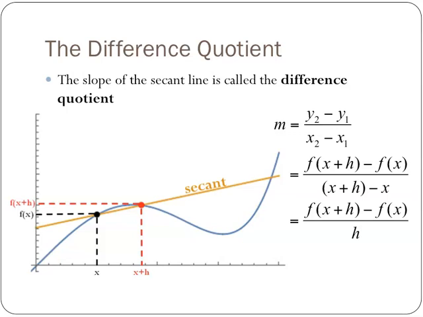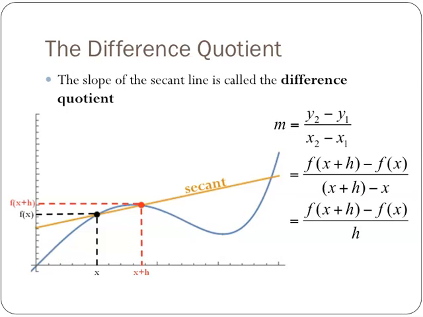Generally, when we use the difference quotient, we can find something in terms of h, and then if you are looking for the slope at a certain point, you can plug in the value for x and make h equal to 0, and that will give you the instantaneous rate of change at that specific value of x.